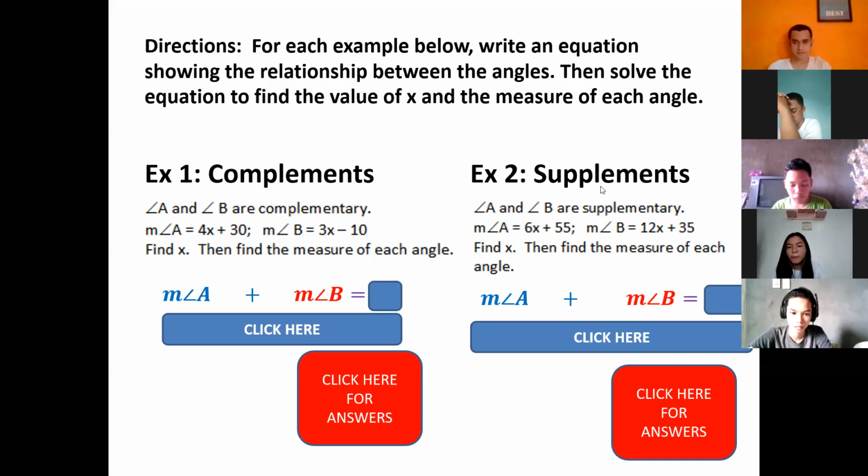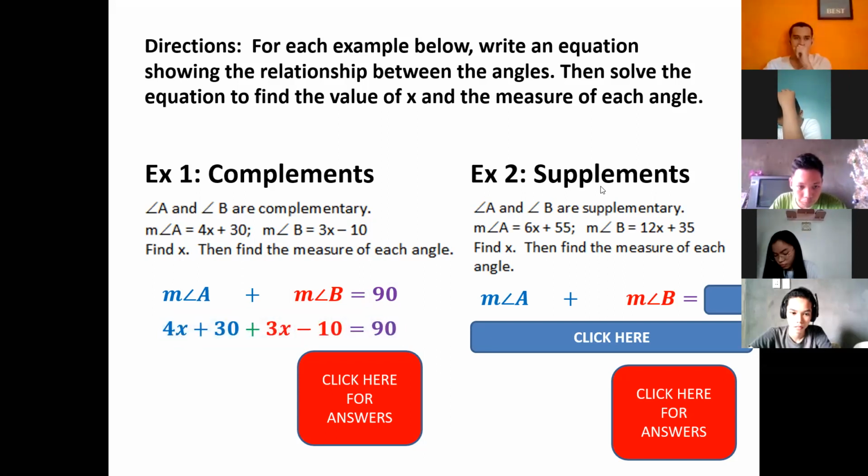If they are complementary to each other, the angles A and B, if you sum them up, result in 90 degrees. Substitute the measure of angle A, 4x plus 30, and the measure of angle B, 3x minus 10, and equate it to 90 degrees since the sum of the two angles is 90 degrees.